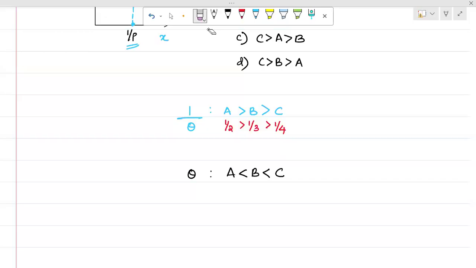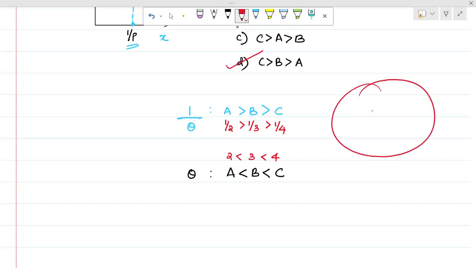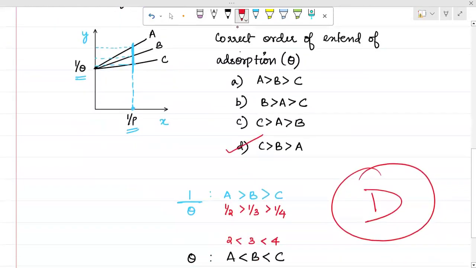This was 1 by theta. We need to get theta. So if you put it upside down, this is going to be 2 less than 3 less than 4. So C is going to be the highest, followed by B, then A. Option D is the correct answer. A question which was asked in 2016. Very easy. Okay.